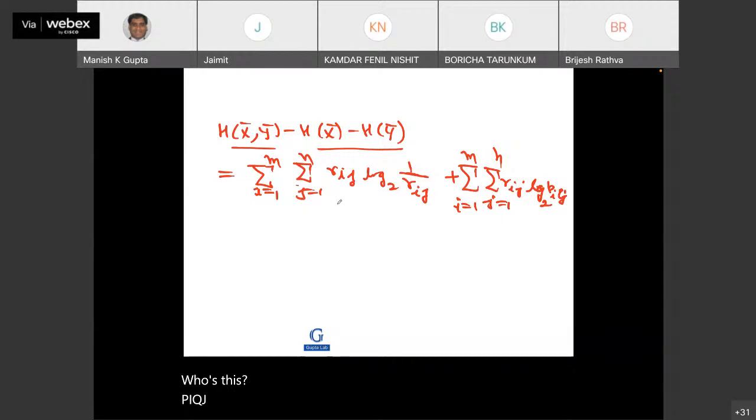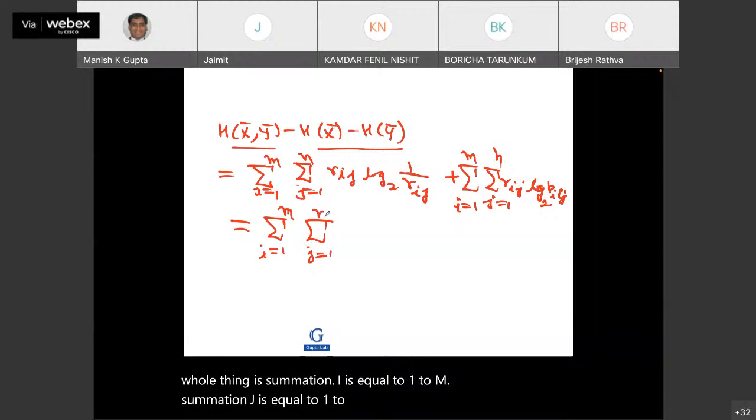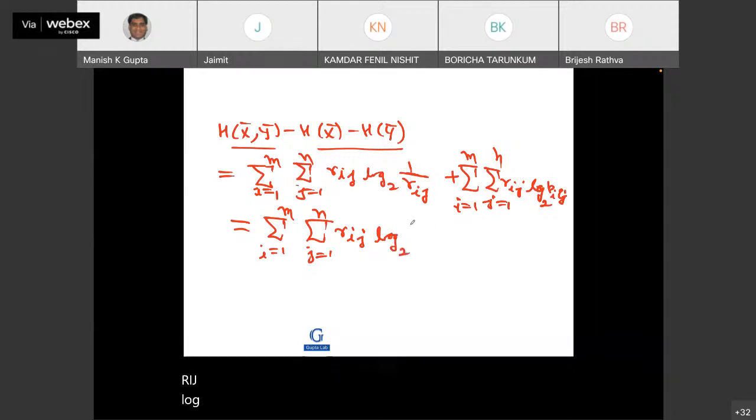So then I can again take summation rij common. This whole thing is summation i is equal to 1 to m, summation j is equal to 1 to n, rij log base 2 of pi qj divided by rij.